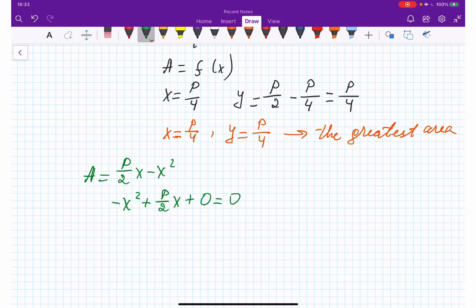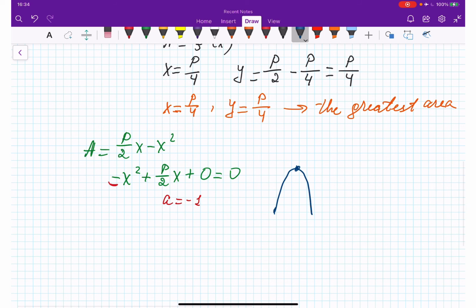What do we have? We have a quadratic equation where coefficient a is equal to negative 1. When the coefficient is negative 1, then our graph is going to go down, like this. And if it's going down, then this point is going to be our maximum, which means we are going to get the maximum area this way. So let me solve it.